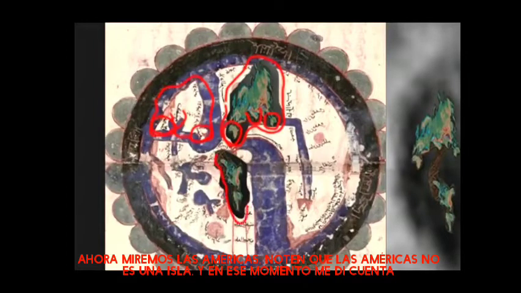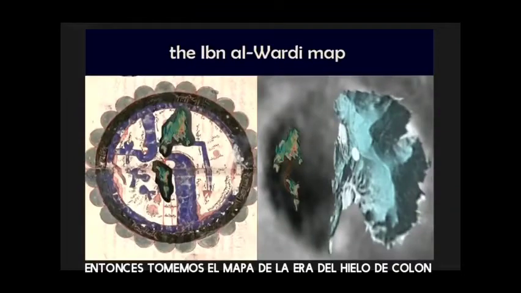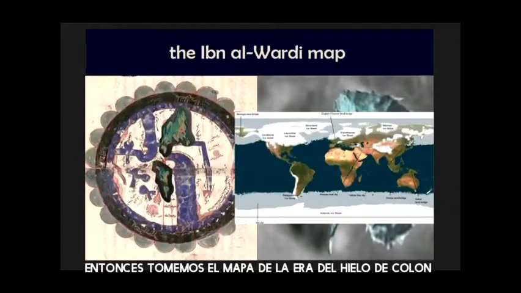Now let's take a look at the Americas. Notice how the Americas are not an island, and at that moment I realized that this was an Ice Age map. So let's take the Ice Age Columbus map.